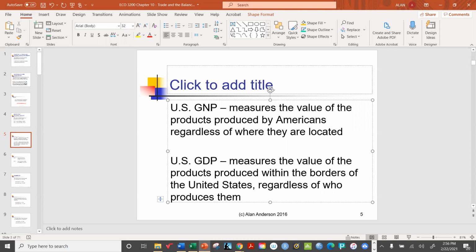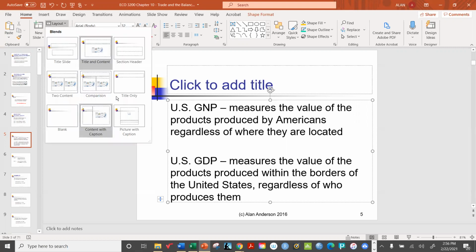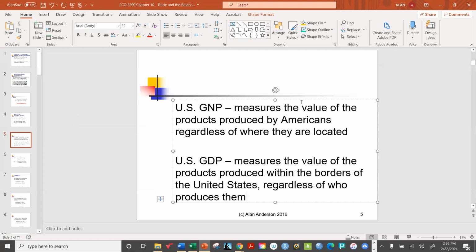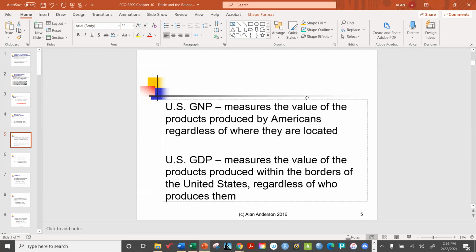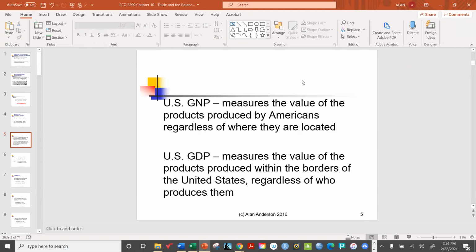Okay, if you're working in the United States, if your company is located here, it doesn't matter if you are a Japanese company or an American company, those products will still be counted in our GDP. So let's remember that distinction, but most of the time we'll be referring to GDP. Not all books, some books do still use GNP, but it's not as common as it used to be.